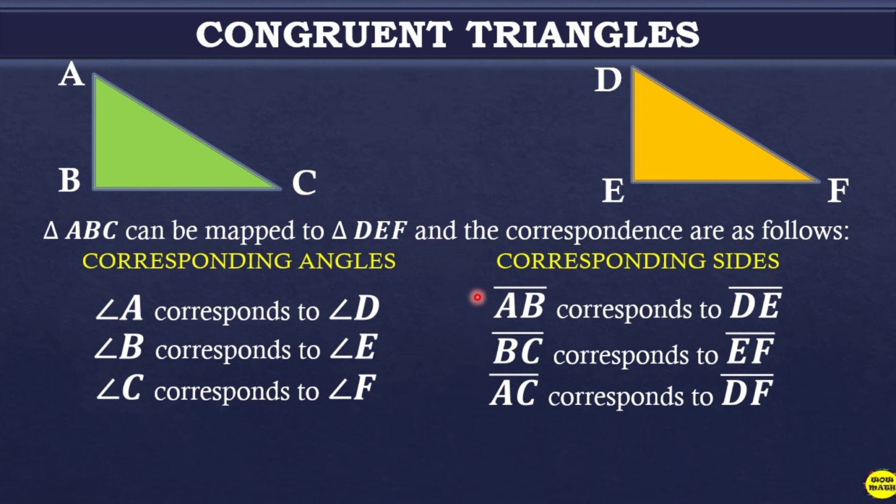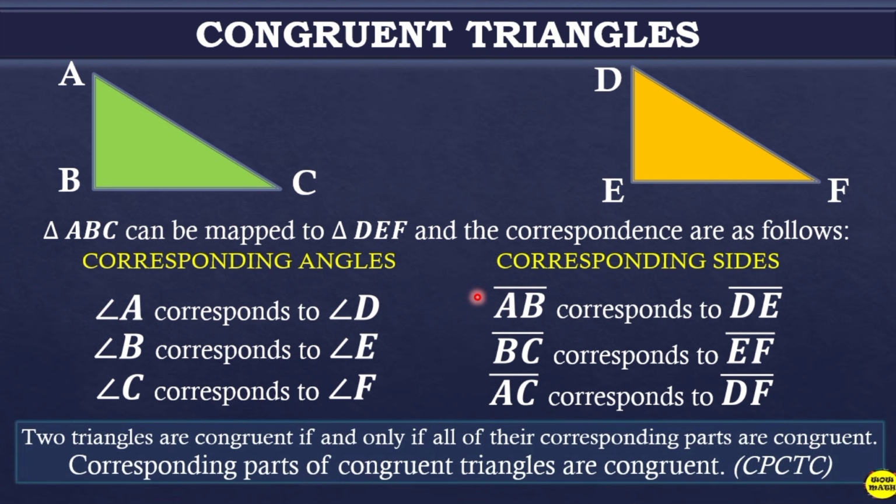Now, why do we need? Bakit kailangan nating tingnan o hanapin yung corresponding angles and corresponding sides niya? Why it is important? Okay? Because two triangles are congruent if and only if all of their corresponding parts are congruent. Okay?